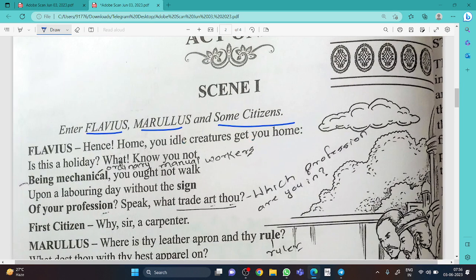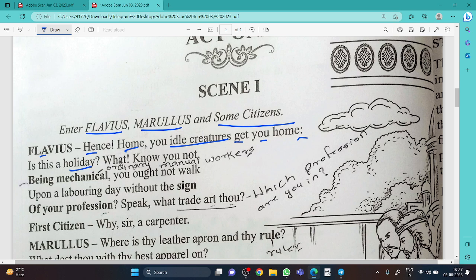But as compared to Cassius, Julius Caesar, and Brutus, to be honest, they are the common men, but still very powerful. Flavius said what? Hence, home, you idle creatures, get you home. Is this a holiday? What know you not? Meaning, why are you here? You rubbish creatures.